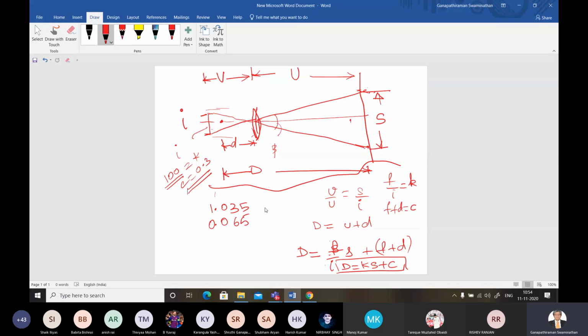Okay, so what is the horizontal distance between the instrument point and the staff point, given K equal to 100 and C is equal to 0.3? How much is that?